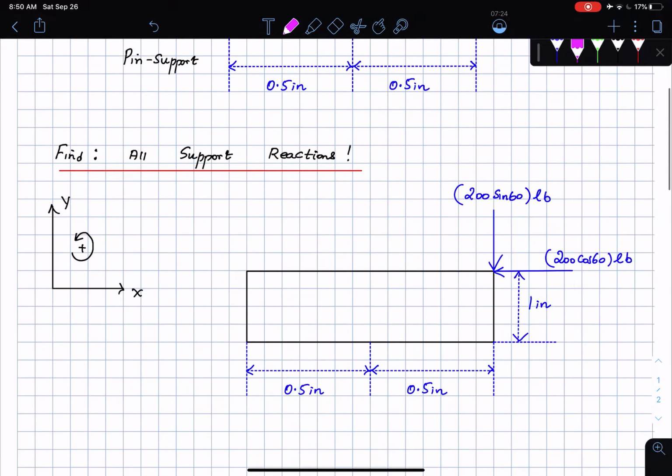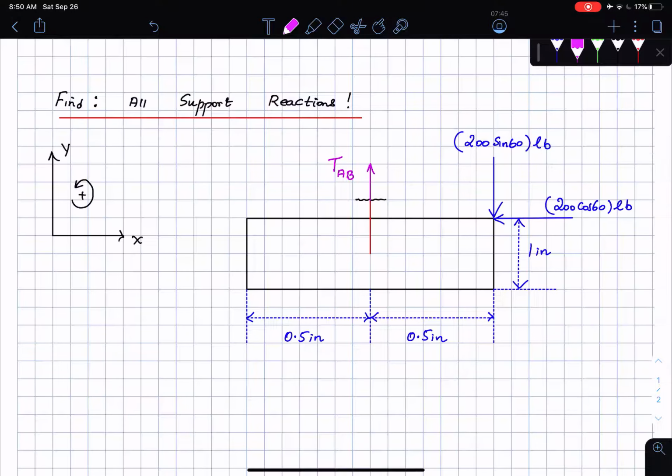Look at this, I'm going to draw a bit of that cable. This is the place where I cut off that cable, which means I'm going to see a cable reaction, which I'm going to call tension T on the cable AB. So T_AB is the cable reaction.